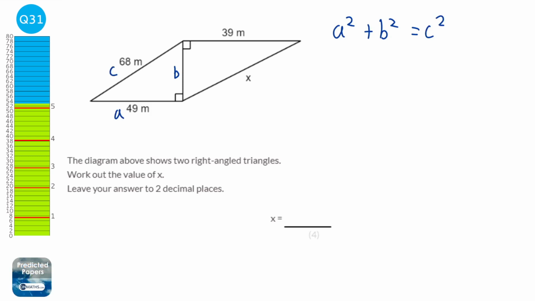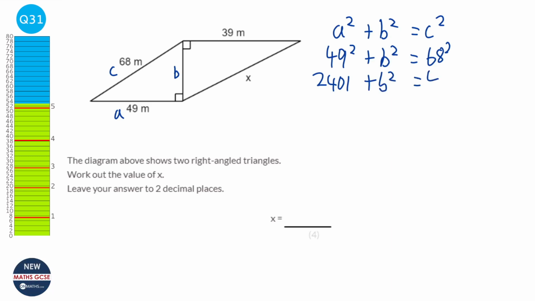C is always opposite the right angle, so it'd be 49 squared plus b squared equals 68 squared. And 49 squared is 2,401. And 68 squared is 4,624. So we are solving here, so let's get our lines down. And we're going to start by subtracting the 2,401 from both sides.